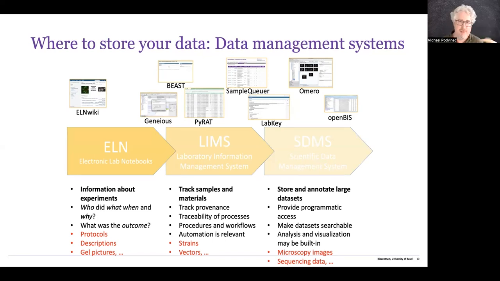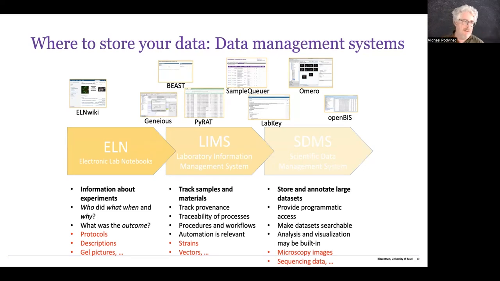Also protocols, descriptions, and what I sometimes call qualitative data. So maybe not microscopy pictures that you want to do some image analysis on, but just maybe something to remind you when you look at this data, oh, this is what the cells looked like at this stage.